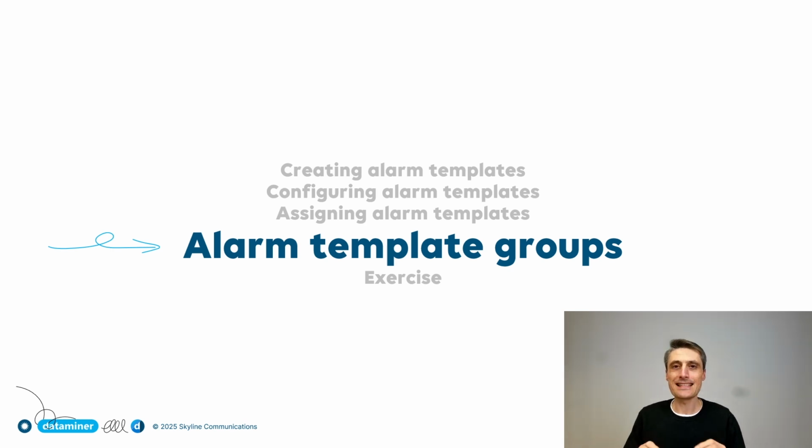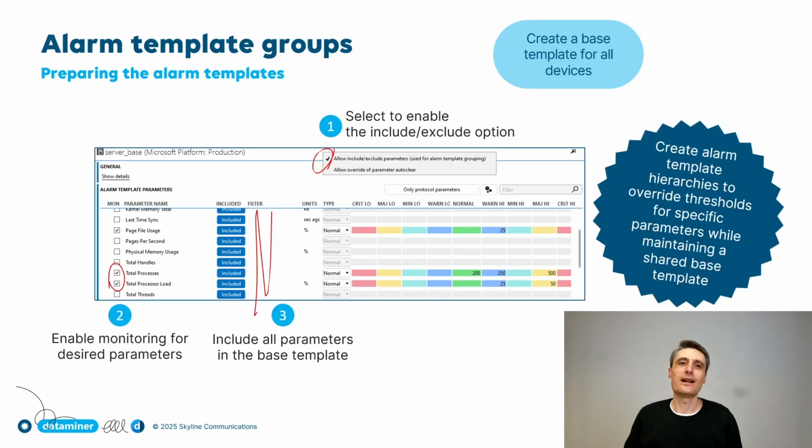Now, one last feature that I need to discuss here is the alarm template groups. The alarm template groups allow you to take multiple alarm templates and group them together. Now, why is that interesting? Well, typically you might want to create a base template for all of your devices.